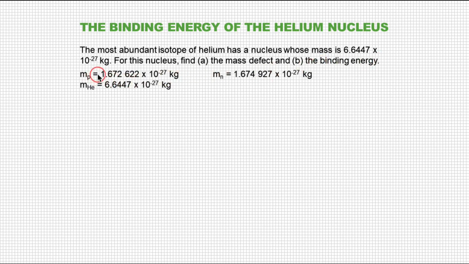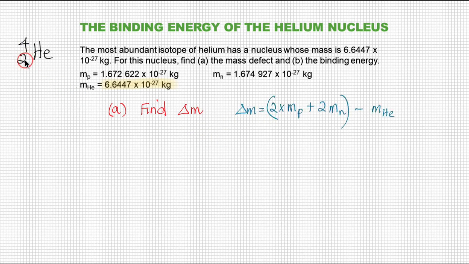So we're given the mass of a proton in kilograms and of a neutron in kilograms, and we know that in order to find the mass difference, we have to consider the number of nucleons in the nucleus and of course the number of protons. So to find delta M, we've got 2 protons, and 4 minus 2, we've got 2 neutrons. And of course we take the mass of the nucleus where the nucleons are bound from the mass of the nucleons when they're not bound to the nucleus.